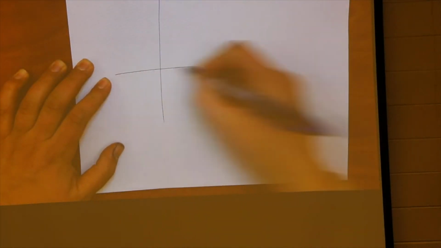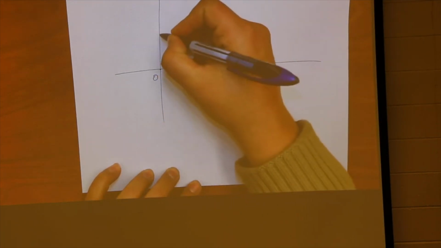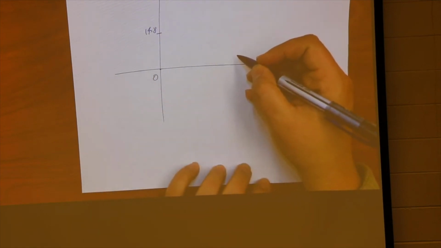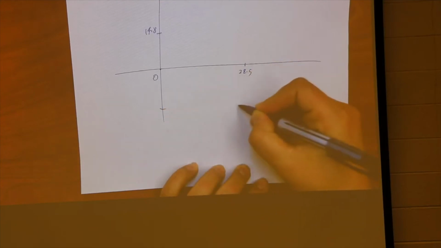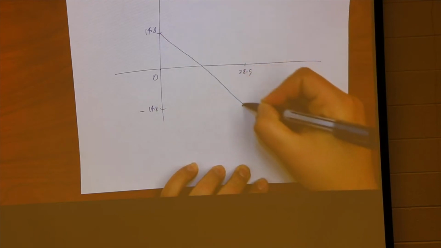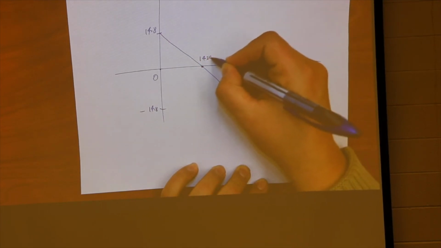So, if you draw some sort of a Mohr's circle, the size wouldn't matter, you just need the geometry. You have 0 and 14.8, and you have 28.5 and negative 14.8. If you join these, you will find that the center is 14.25.